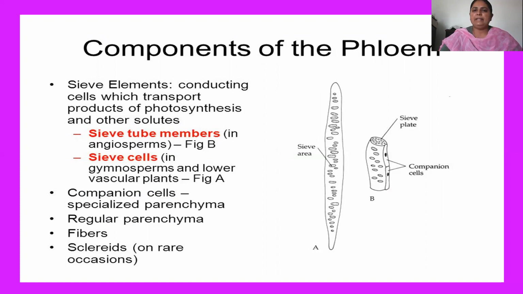These companion cells are a special type of cells that run along with the sieve cells, and they help in the translocation of food or sugars from leaves to various parts. Their nucleus plays an important role, because the sieve tube members do not have a nucleus. Parenchyma cells are also there, which are involved in the storage of food.